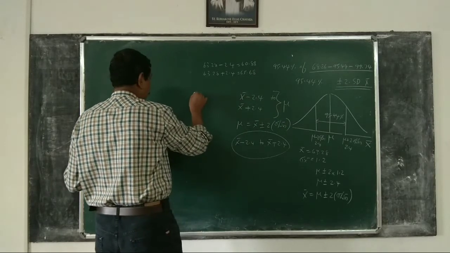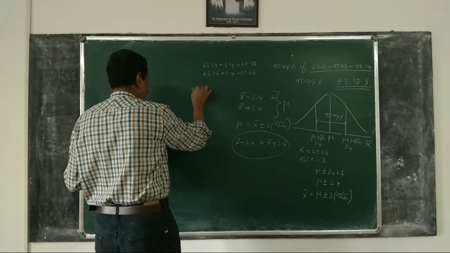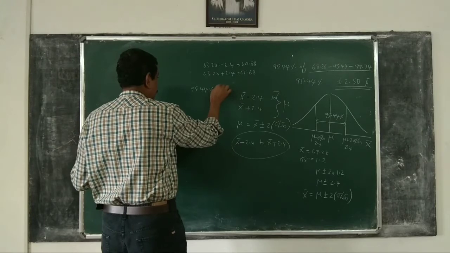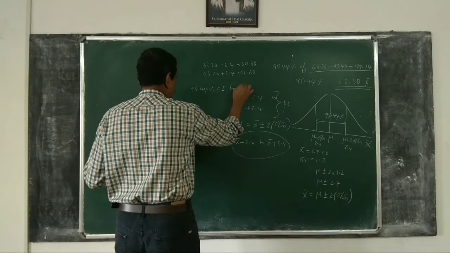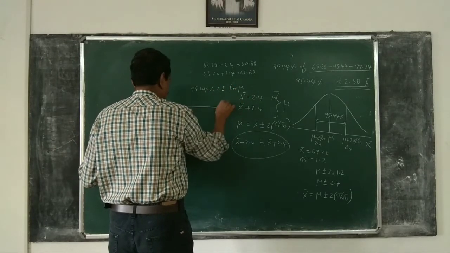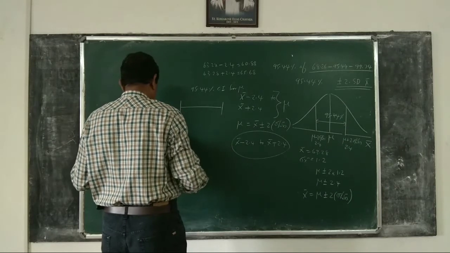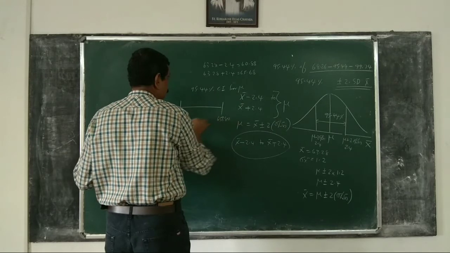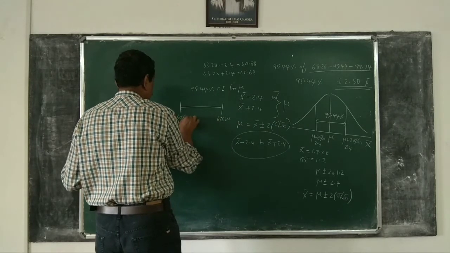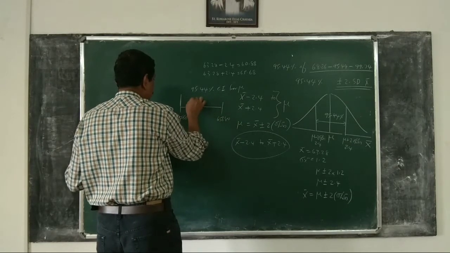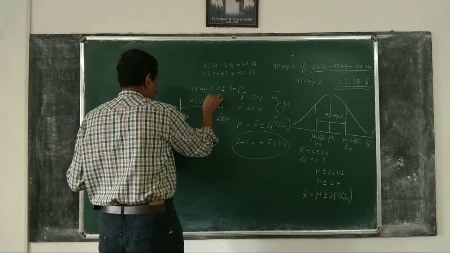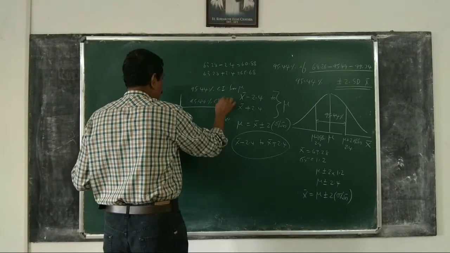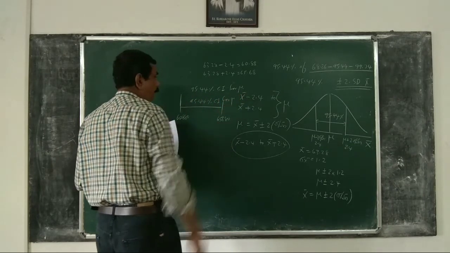So the 95.44% confidence interval for mu is this, that is 60.88 to 65.68. This is the 95.44% confidence interval for mu.